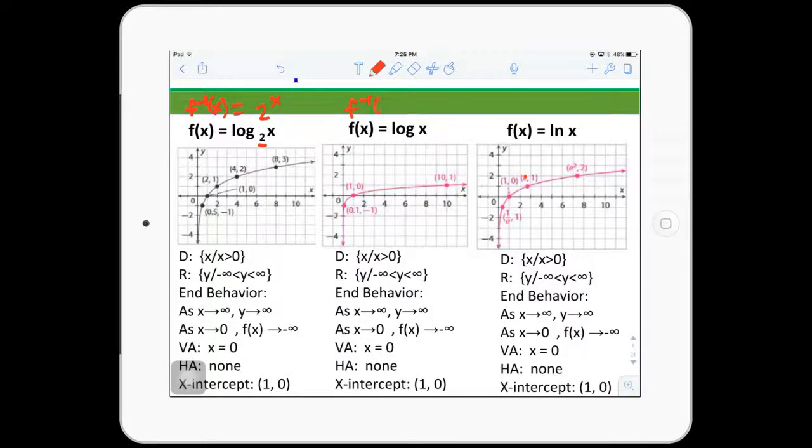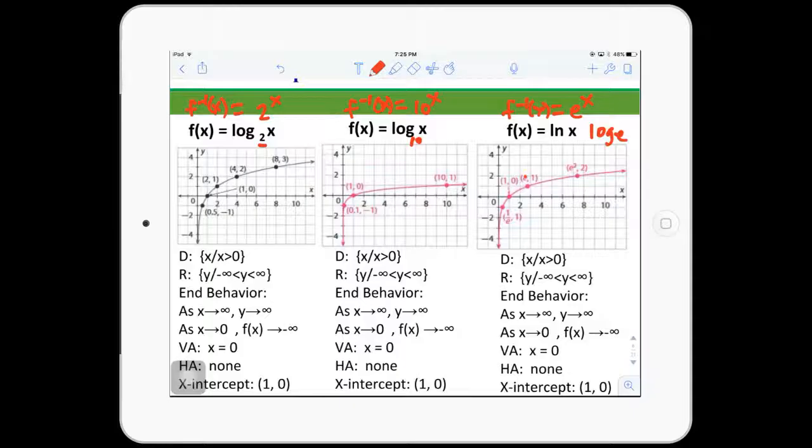Likewise, for the second one, f of x inverse, the base is actually 10, because remember, when there's no number with the base, it's actually 10. So this is going to be 10 to the x. And finally, this one over here is the natural log. Natural log has the base e, so the inverse is e to the x.